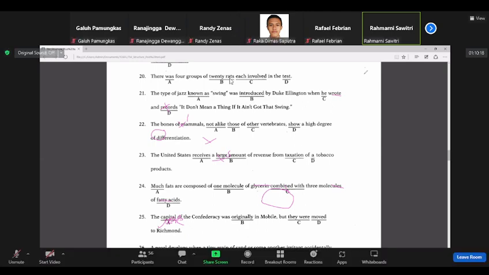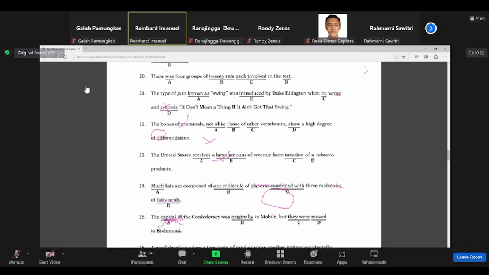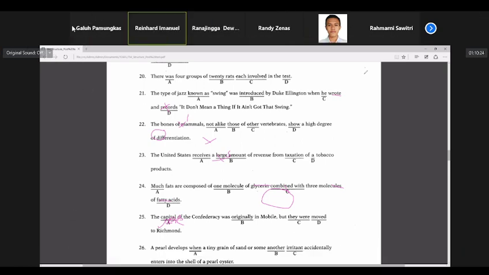Reinhard Immanuel. Yes, ma'am. Number 22. The bones of mammals, not unlike those of other vertebrates, show a high degree of differentiation.